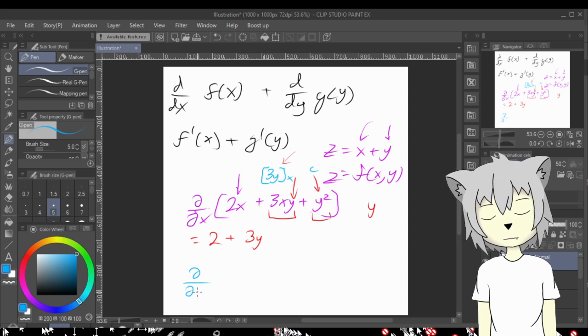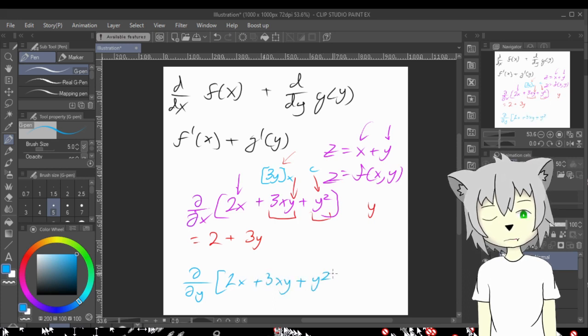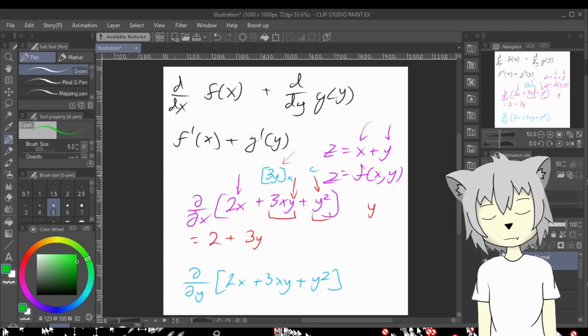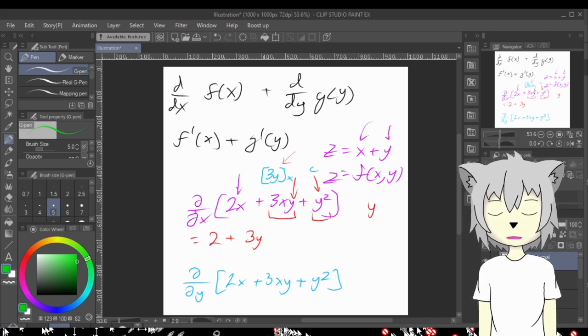Find the derivative of that same function, but this time with respect to y. You should be able to find the answer.